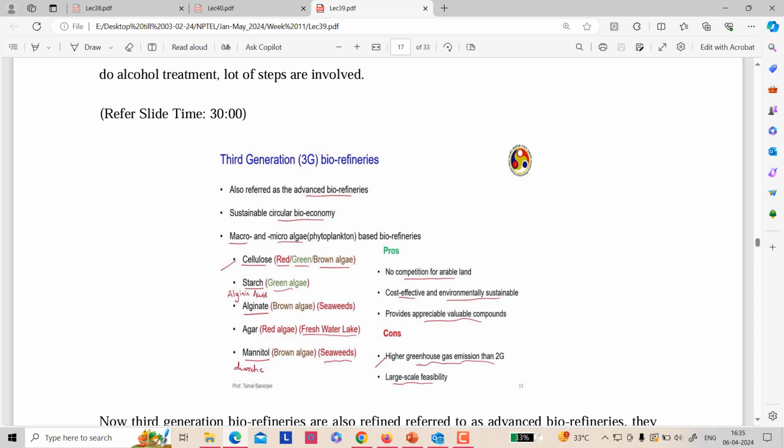So that is why the feasibility problem comes. Otherwise, the method is very helpful and environmentally sustainable, but it is not largely scalable, and also has higher greenhouse gas emission than the 2G. So this is the 3G biorefinery. When this type of question is asked, you have to give the details like the raw materials, the pros and the cons, the way it has been written here.